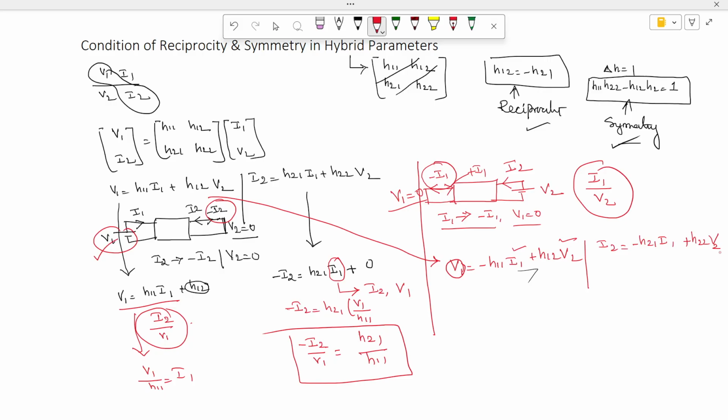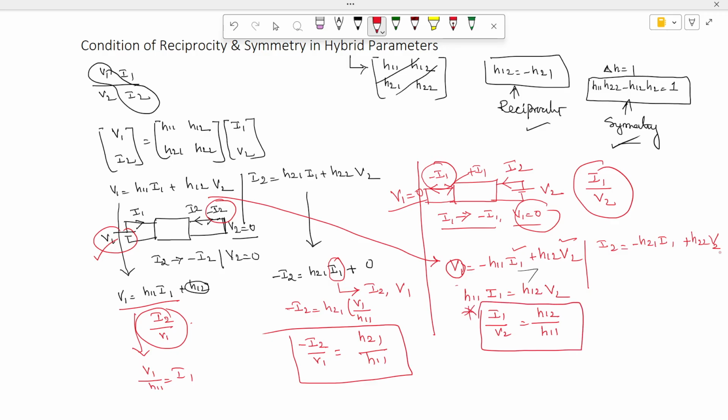Here we are doing this under the equation V1, where V1 is 0. So when V1 is 0, this negative will come to this side. This is H11 I1 is equal to H12 V2. We require the ratio of I1 by V2. So I1 by V2 is equal to H12 divided by H11.